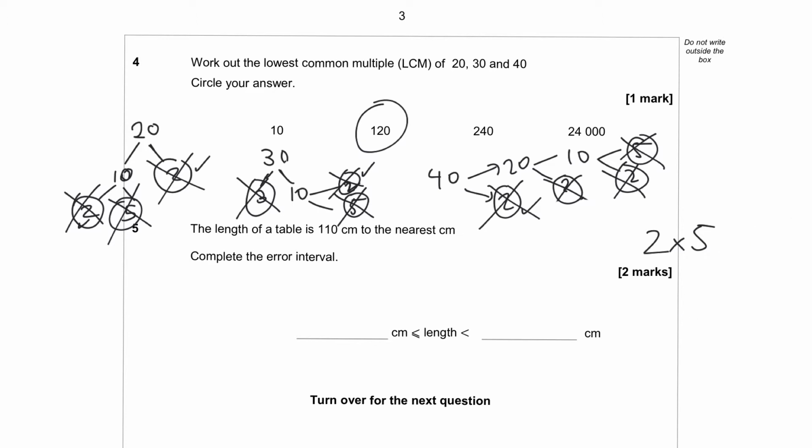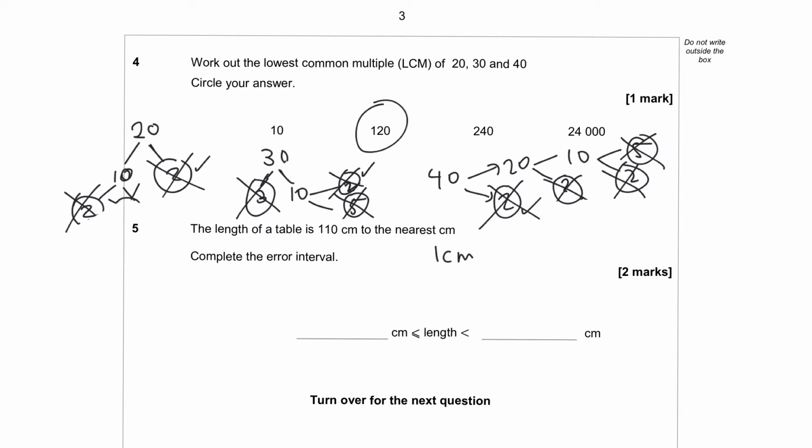So now, just so we can clearly see the next question, it says the length of a table is 110 centimeters to the nearest centimeter. So it wants me to complete the error interval. So with error interval, if it's to the nearest centimeter, we will know 1 centimeter.